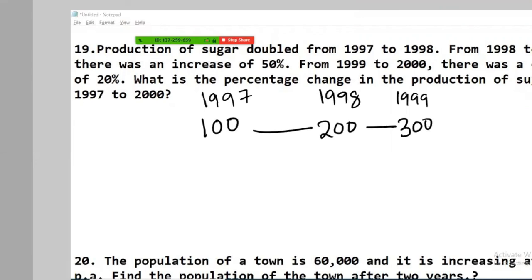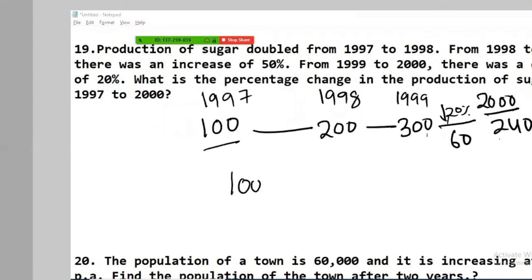And 1999 to 2000, there was a decrease of 20%. So you need to calculate 20% of 300, which is 60. If you reduce 60, it's going to be 240.